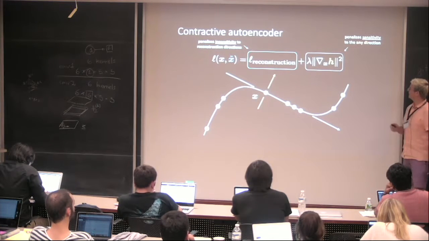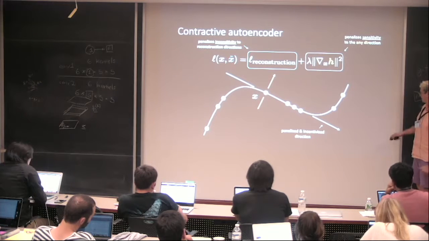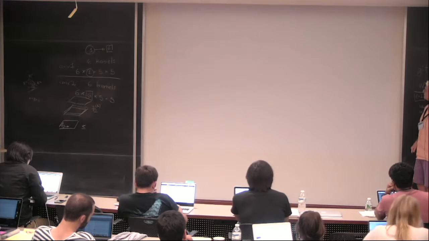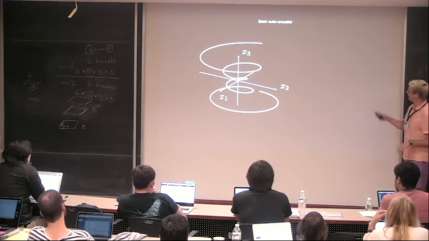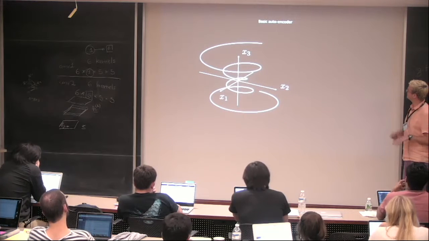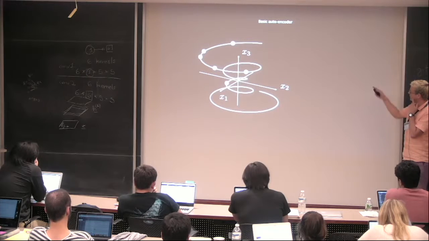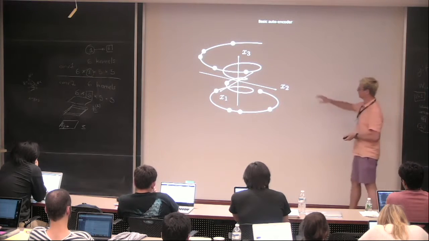Yeah, penalize and incentivize direction, and that's just the penalized direction. All right. Cool, huh? That's my basic autoencoder. So what does it do on this stuff? Here we have all those samples that we observe in the data. Those balls are the samples.